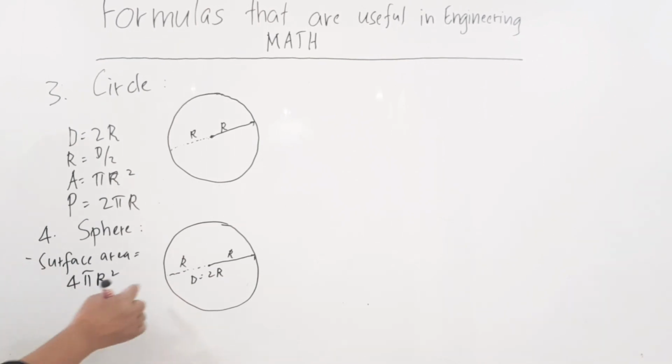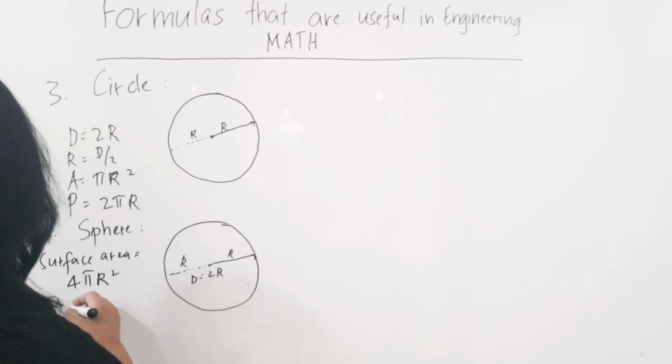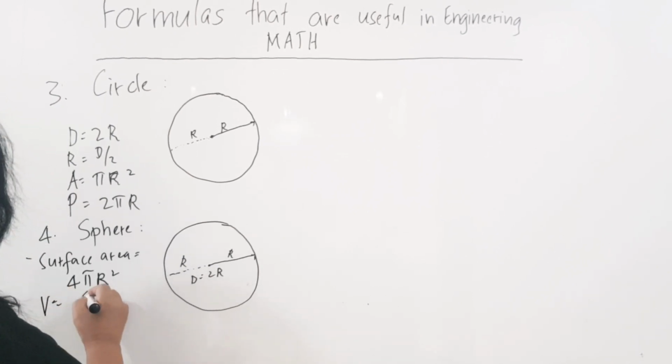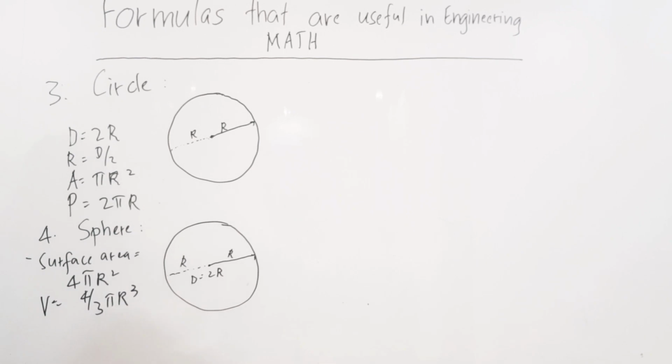And the volume is equal to 4/3 pi r cubed. This is the volume of the sphere.